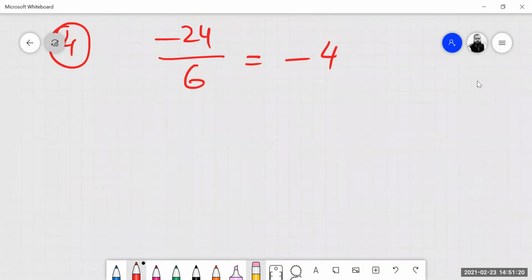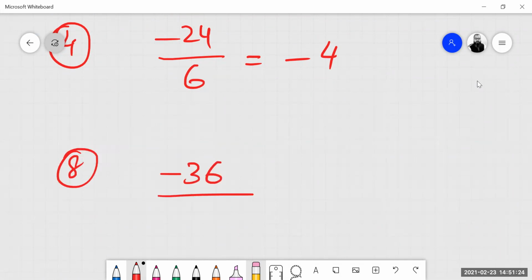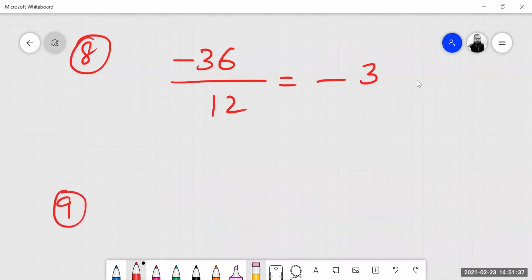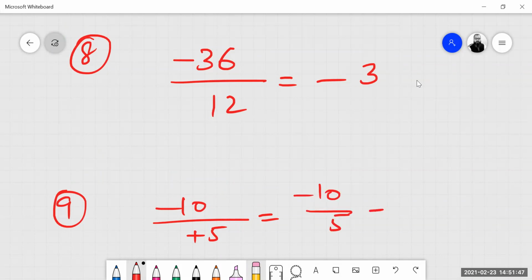Like minus, question number 8. -36 divided by 12 equals minus 3. Then -10 over plus 5. Plus 5 or simply 5, same. -2.